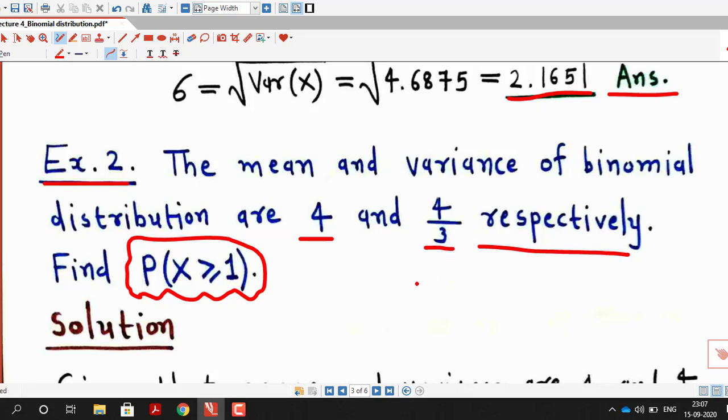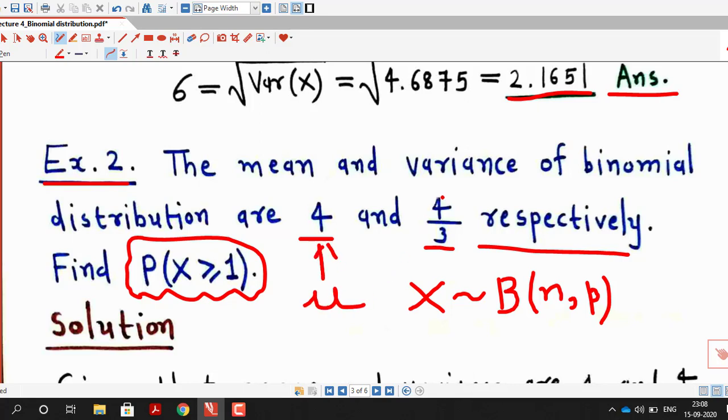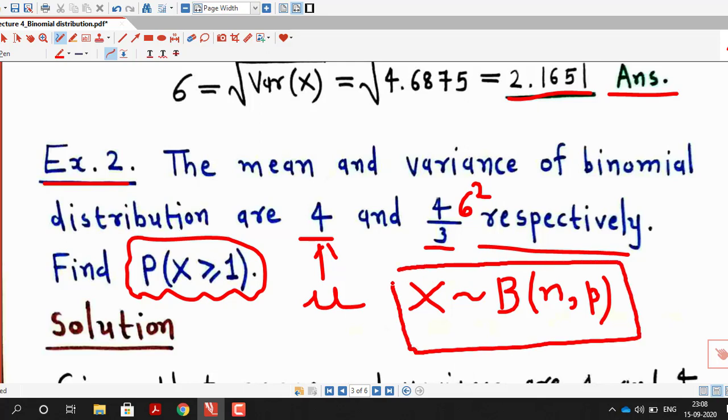So it is given that capital X is a binomial random variable, but we are not given the parameters n and p. What is given is the mean, that is mu is 4, and the variance, that is sigma square, is 4 by 3. Using this information we have to find the probability of this event.